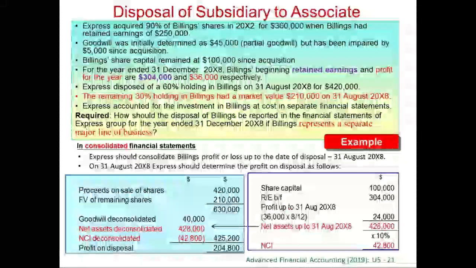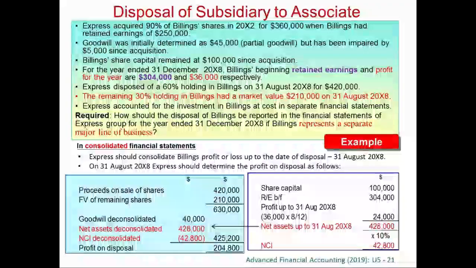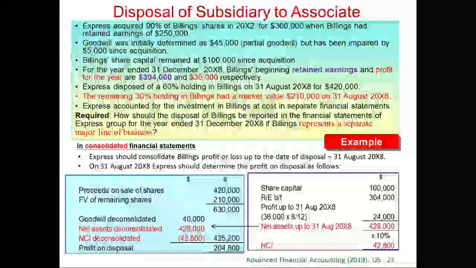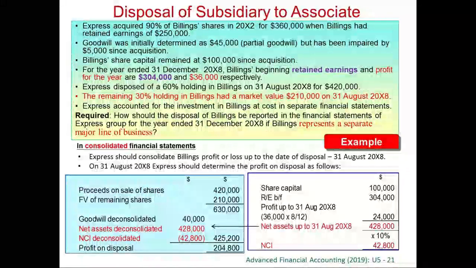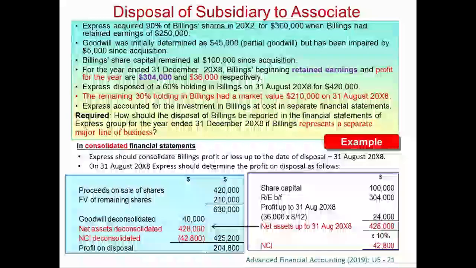For this question, because we are using the partial goodwill method, NCI is just the proportion of the net assets. So 10% of the net assets represents the NCI. If you find any remaining fair value adjustments, or any goodwill to NCI, remember to deduct them as well.